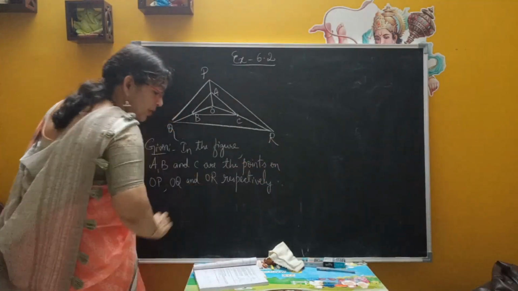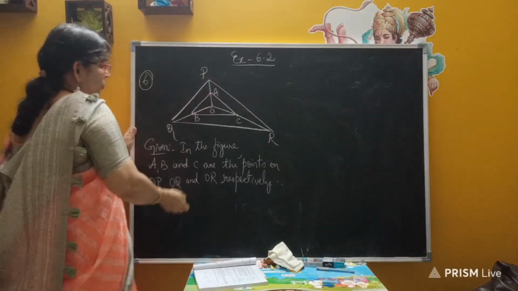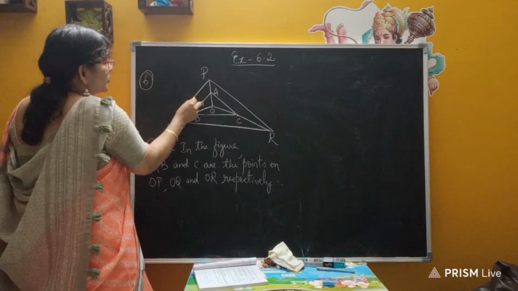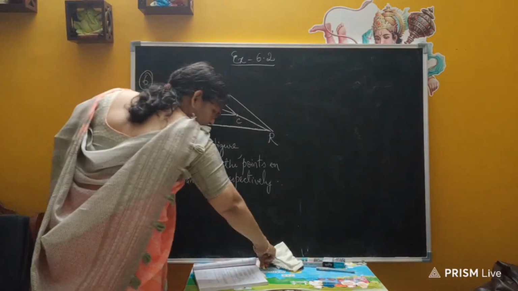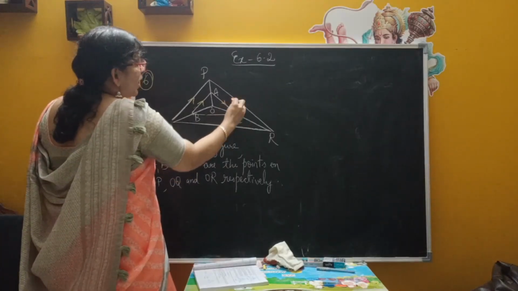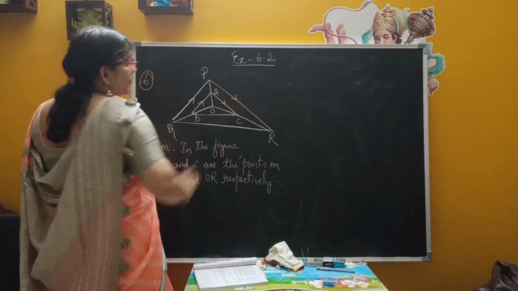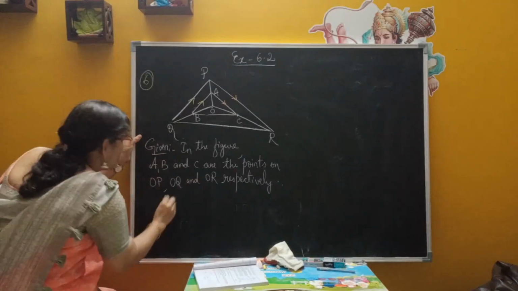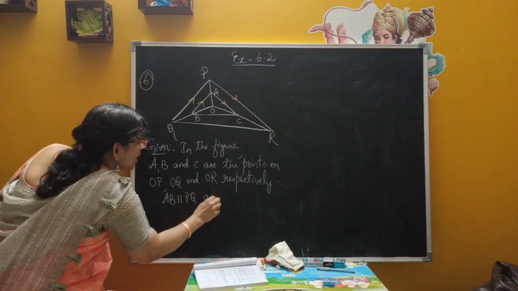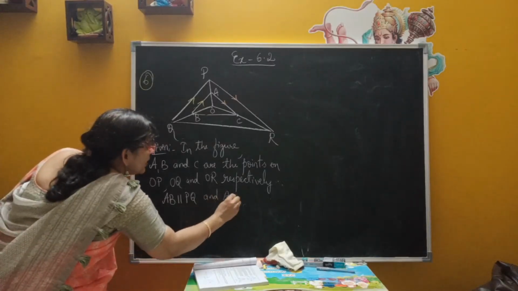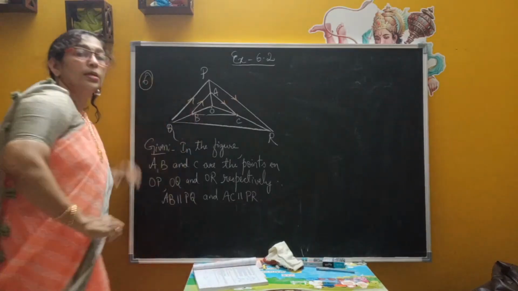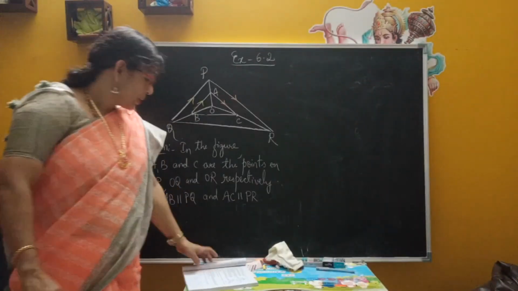And what else is given? AB is parallel to PQ, and one more set, AC is parallel to PR. These two are parallel lines. This is given in the question.